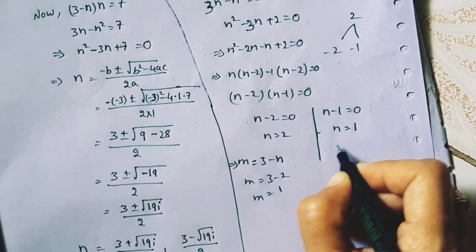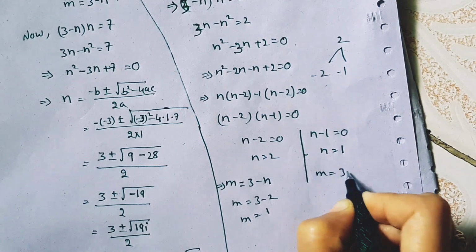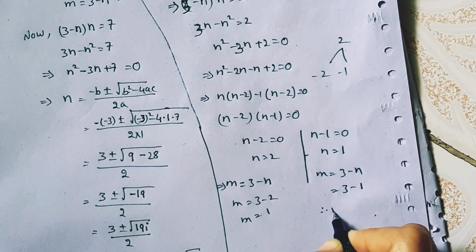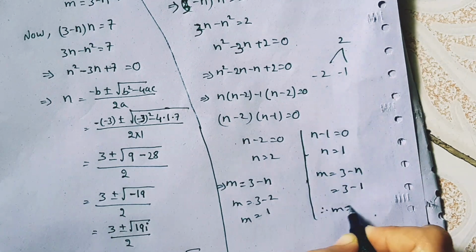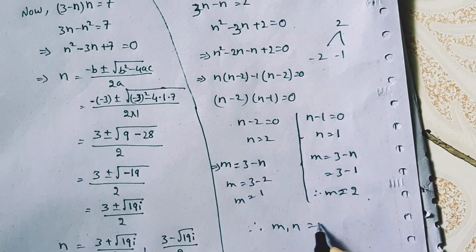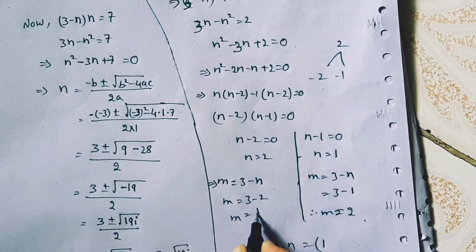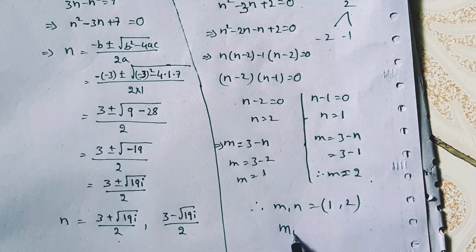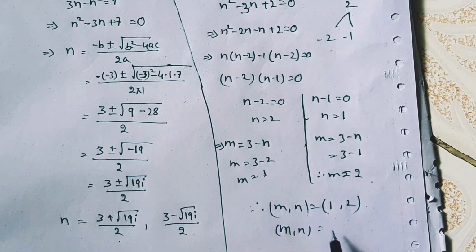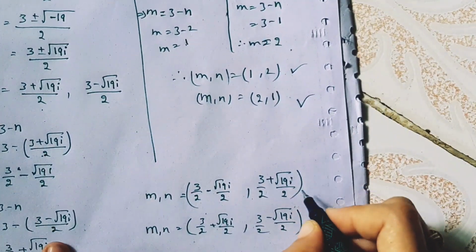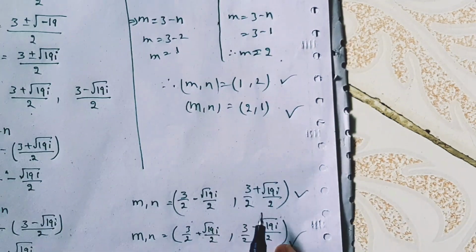Here m equals 1. Similarly, m equals 3 minus n, here 3 minus 1, therefore m equals 2. So if I take m as 1, then I am getting n as 2. If I take m as 2, then I am getting n as 1. So these are the solutions we are getting. So these are the complex ones.